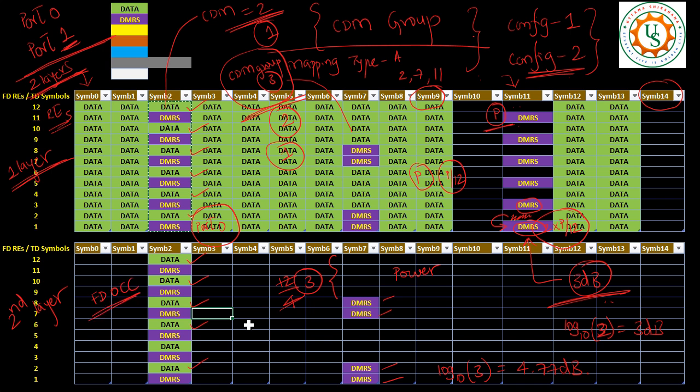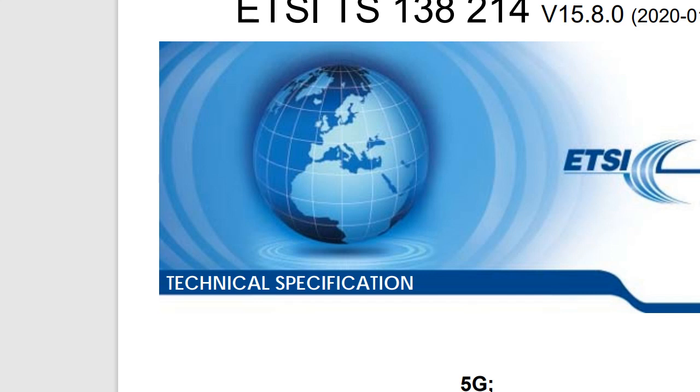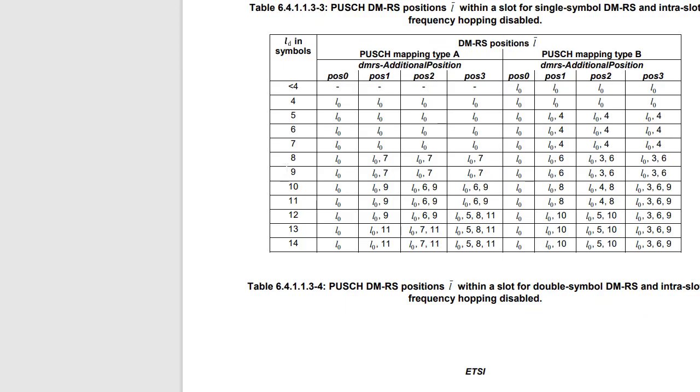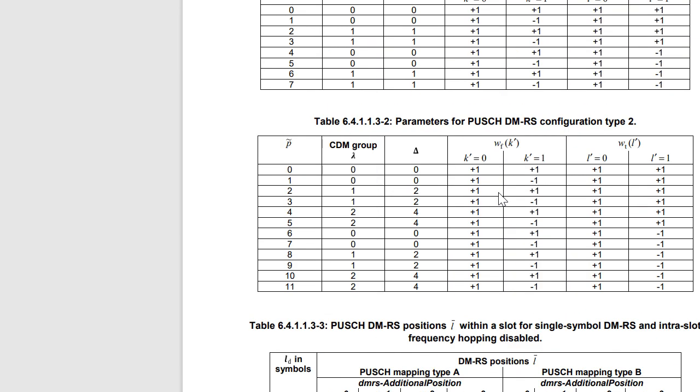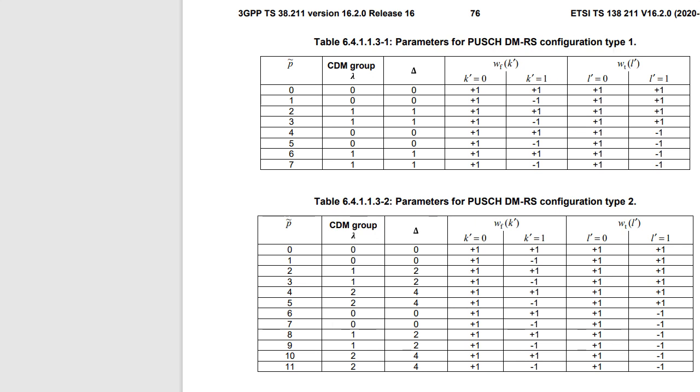Okay, this also you can see in the spec actually. So let me take that 211. Okay, 211, I'm already in that. Okay, config type 1. If you see here, port 0 and 1, so 0 0 delta 0 0 means both are starting from the same subcarrier.